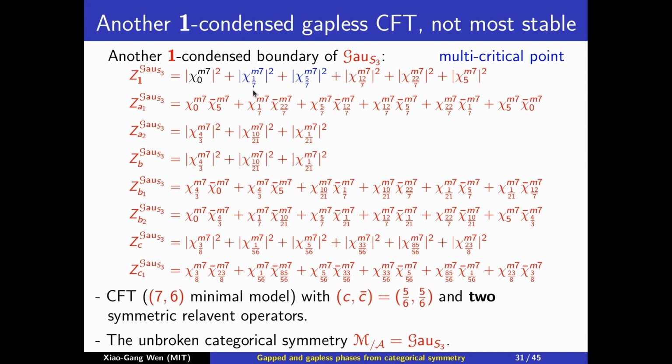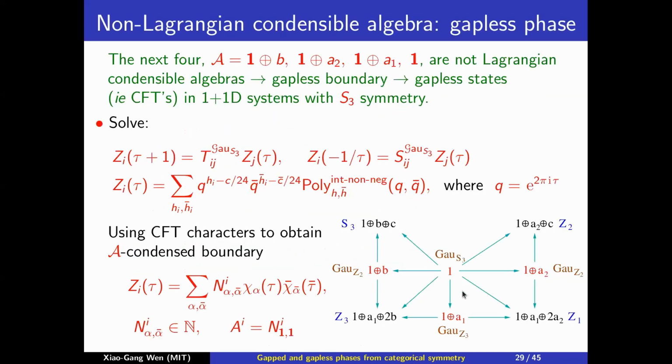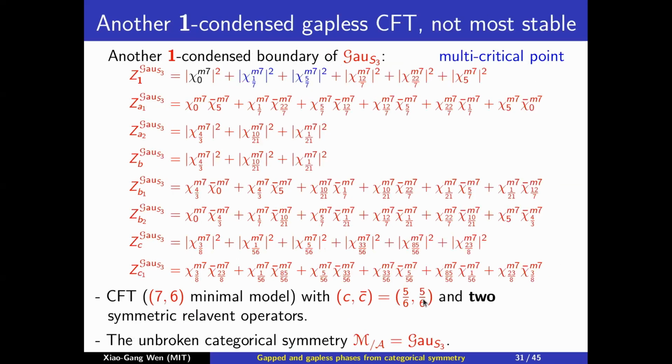If it is this one, that means the S3 to Z1 transition is multi-critical, and cannot be a stable continuous transition. We did some preliminary numerical calculation. It seems also not this one. This one has central charge for the right mover of 5/6. The numerics seem to suggest something like 1.3, but we are not so sure at the moment.